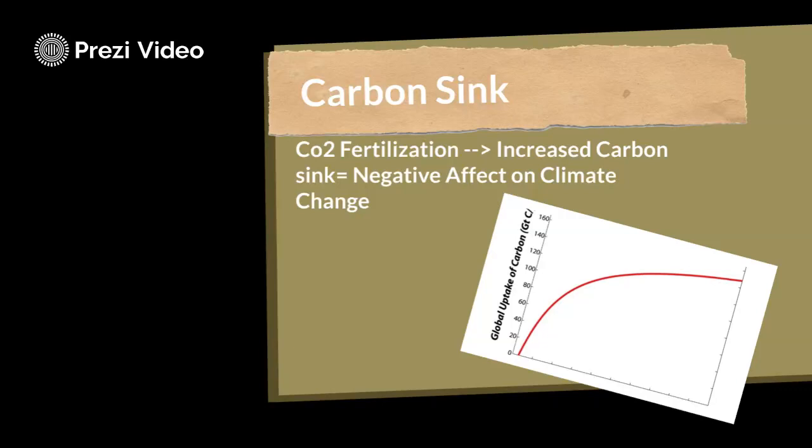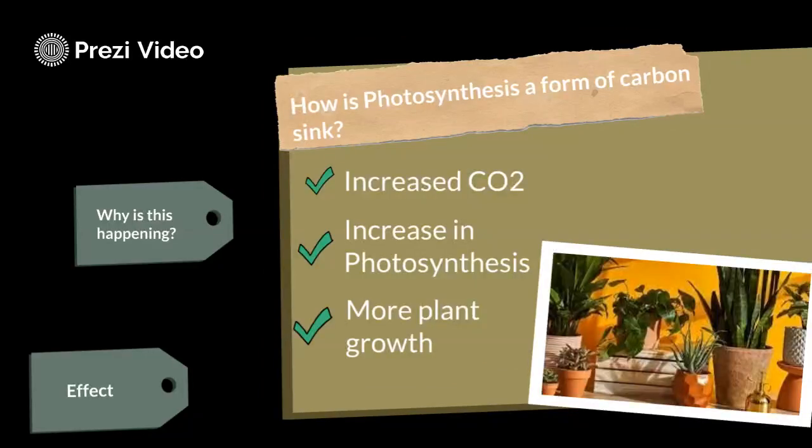And to better understand the relationship between CO2 fertilization and vegetation's carbon sink, let's look into the specific mechanisms of both photosynthesis and intrinsic water use efficiency. Now, we wonder and ask the question, how is photosynthesis a form of carbon sink?